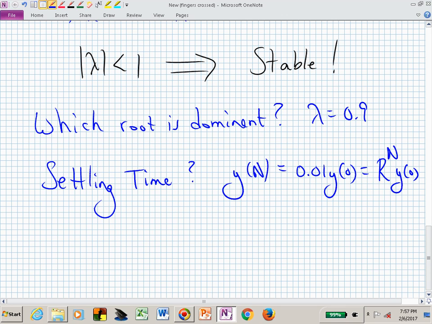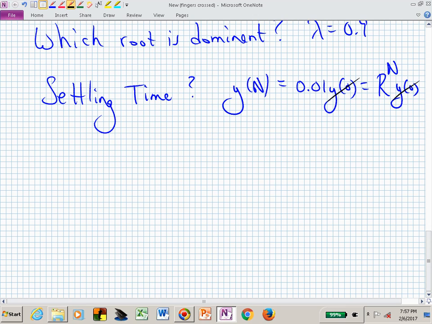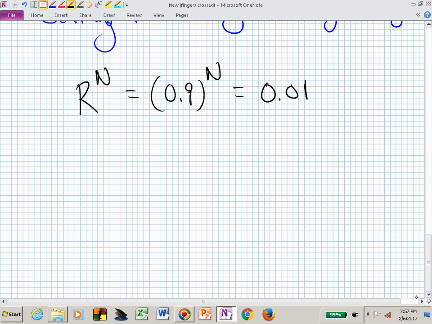That gives us y of capital N. These cancel, and we're trying to solve for capital N. In this case R is 0.9, so 0.9 raised to the N needs to be 0.01. What value of N causes that to happen? If you needed to, you could just keep raising 0.9 to higher and higher powers until it gets less than 0.01. But since we know logarithms, we can now solve for N.